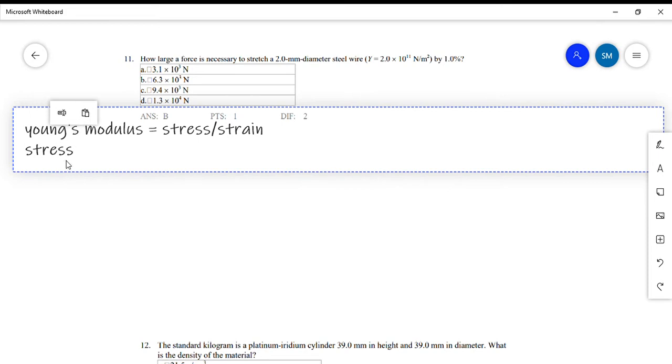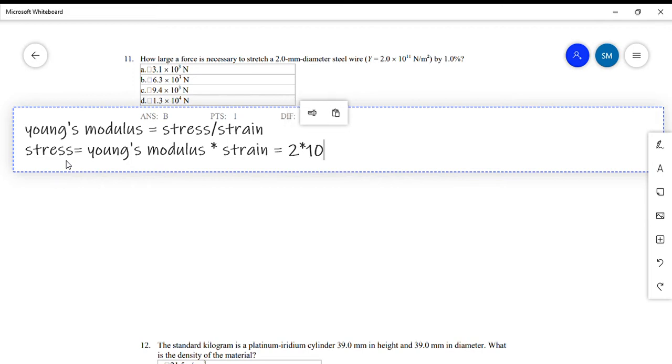Young's modulus is equal to 2 times 10 power 11, given in the question.